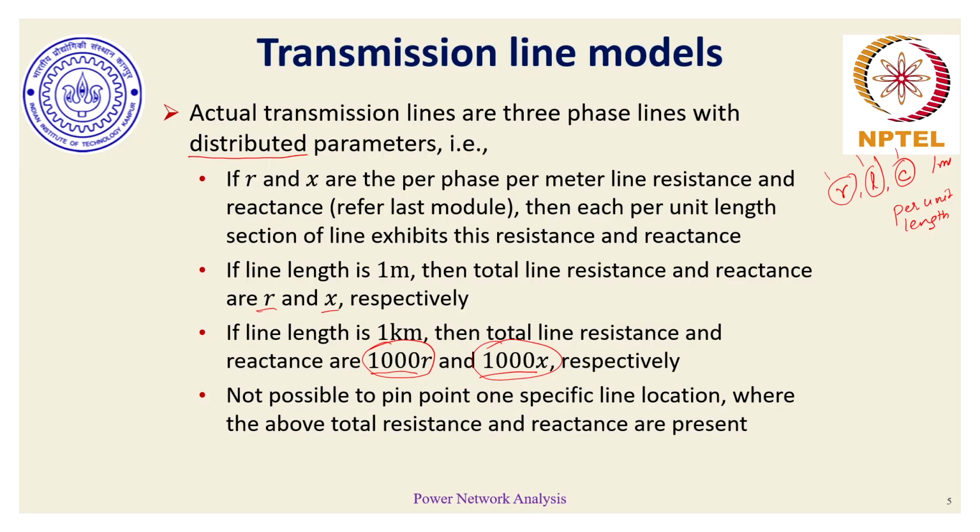Reason: the transmission line has the same material property, same electrical property through any section that we take. So essentially, every smallest section of the transmission line will have these distributed properties, and hence it is not possible to pinpoint one specific location where the above resistance or reactances are present in a lumped fashion.